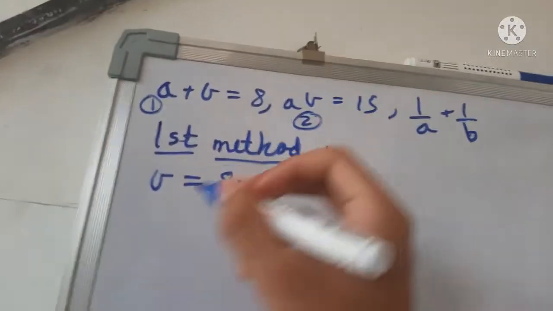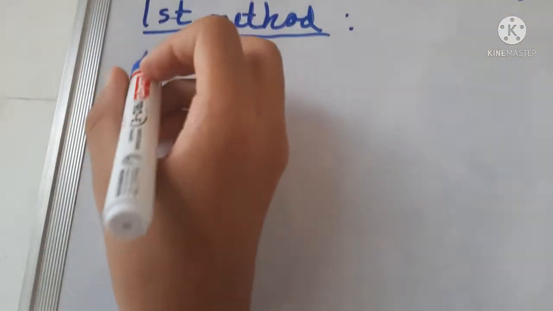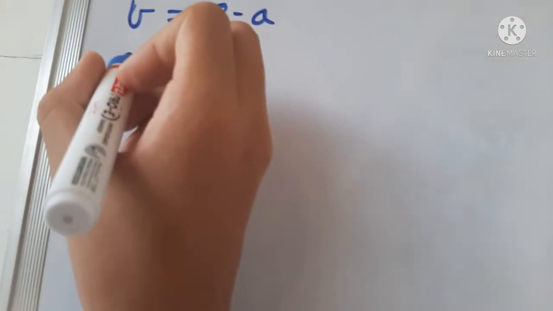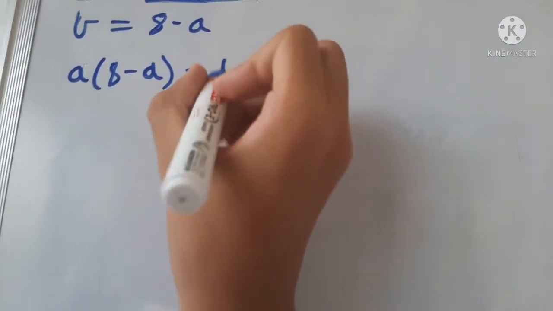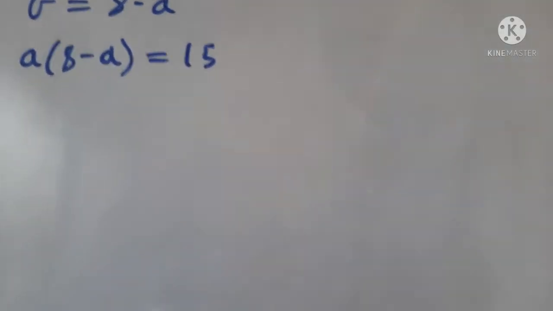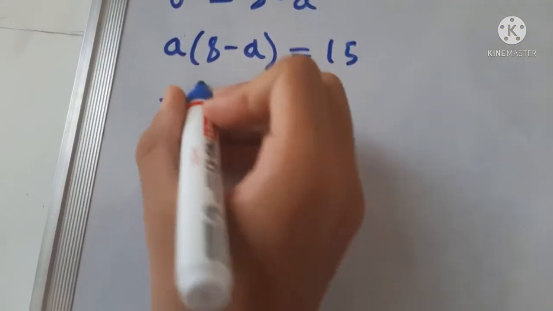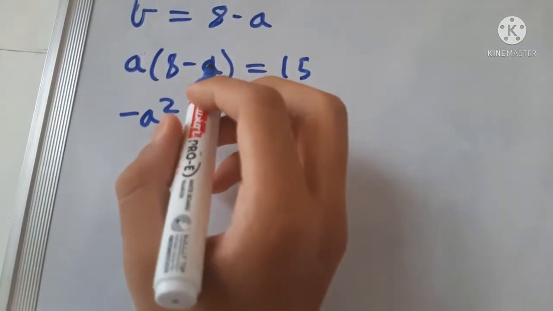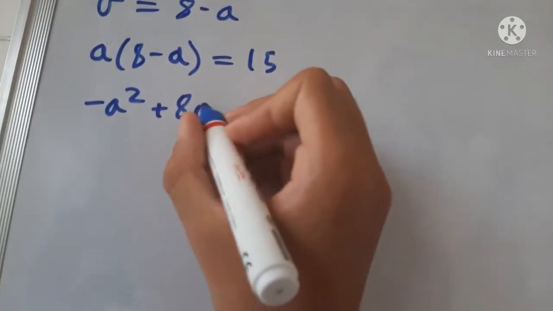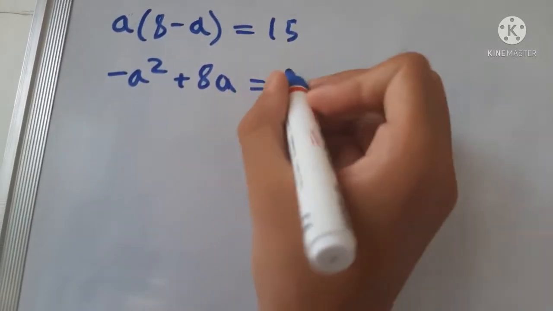Then plugging this value of b into 2, we get a times 8 minus a equals 15. It should be easy enough to recognize that this is a quadratic equation. So we get 8a minus a squared equals 15.